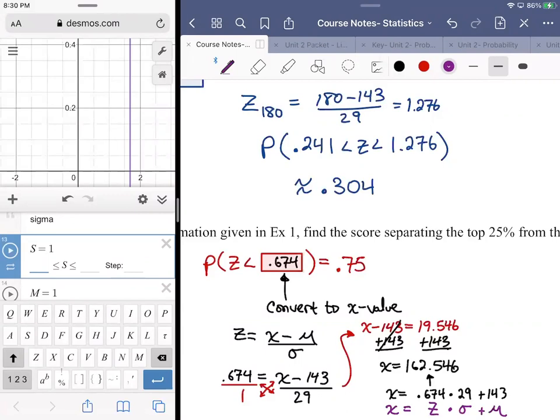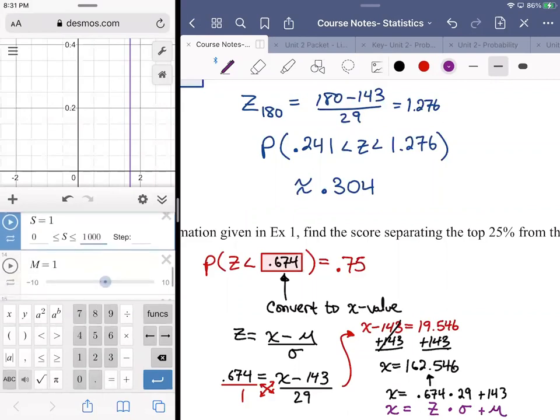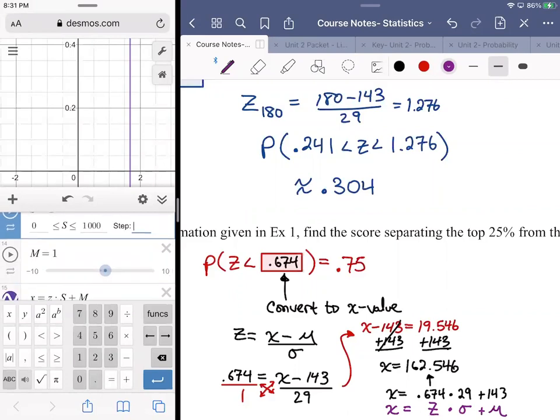You can make that whatever you want. Sigma values have to be 0 or positive. So I'll make it go from 0 to 1,000. Just pick some large number, so you have a lot of wiggle room when it comes to sliding your slider. And in terms of a step, if you leave it blank, Desmos decides what the step ought to be. So that's fine.